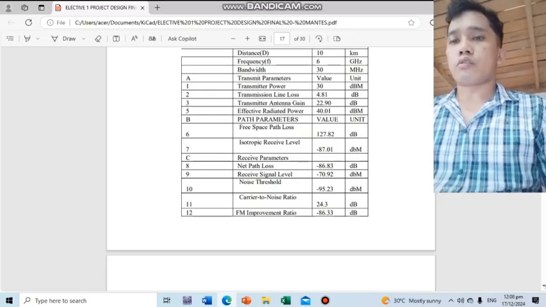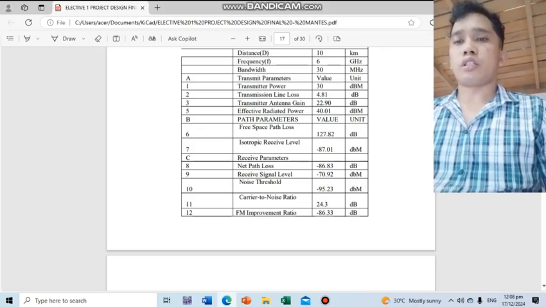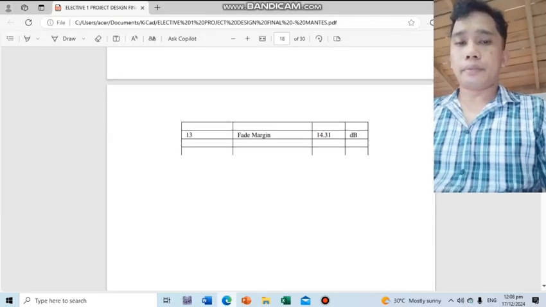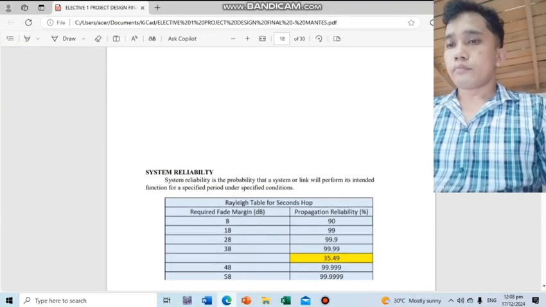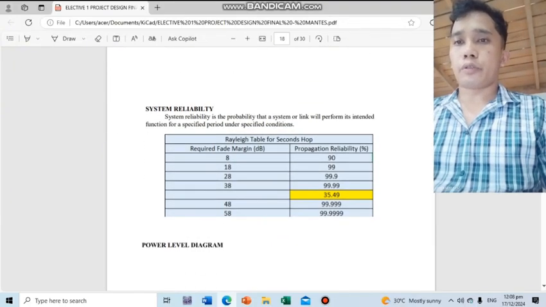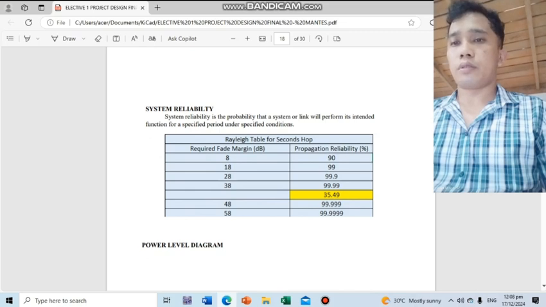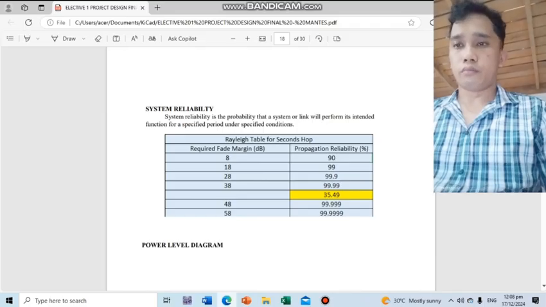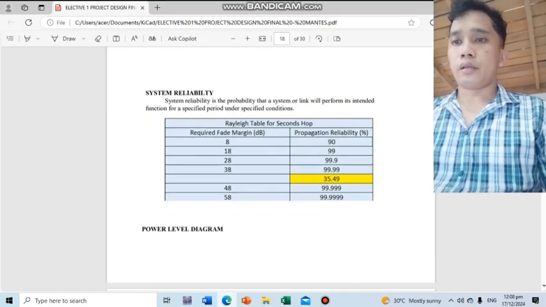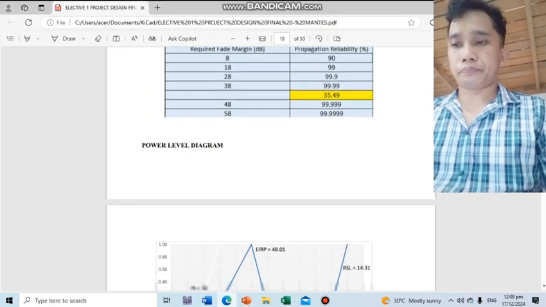Carrier to noise ratio is 24.3, and the fade margin is 14.31 dB. For reliability, I look at the reliability of the propagation using the fade margin from the problem.